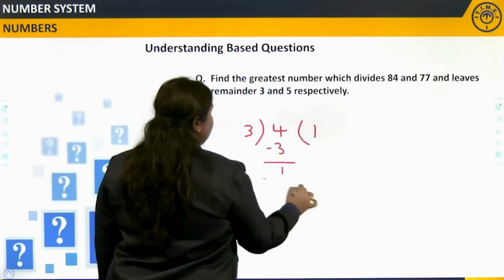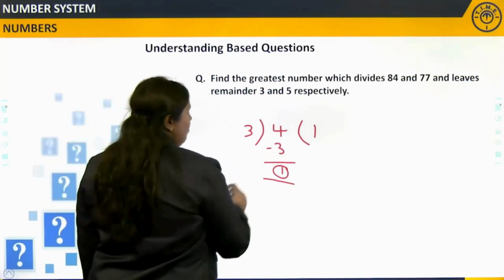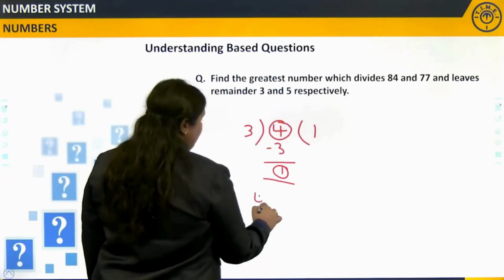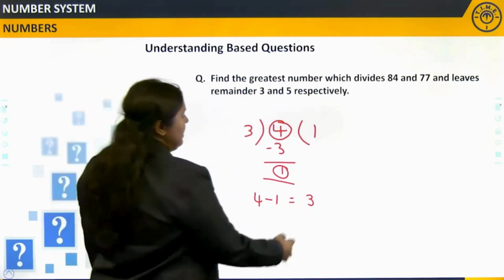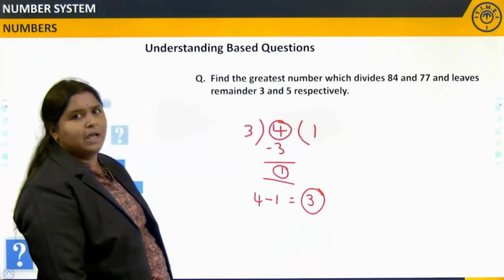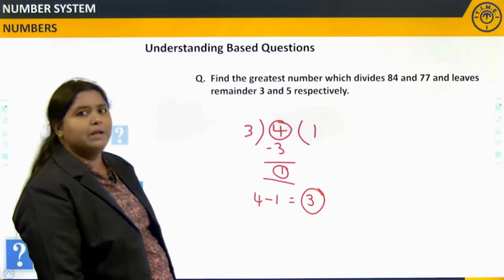What is the remainder? 1, right? 1 is the remainder. Now, if I remove this 1 from 4, like 4 minus 1, what happens? I get 3. And 3 is exactly divisible by 3. Yes or no? 3 ones are 3. When you divide 3 by 3, you will get remainder 0.